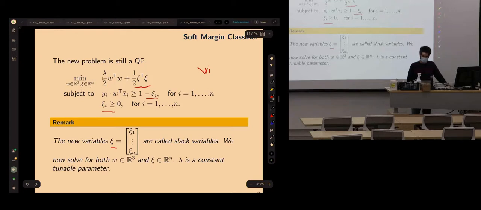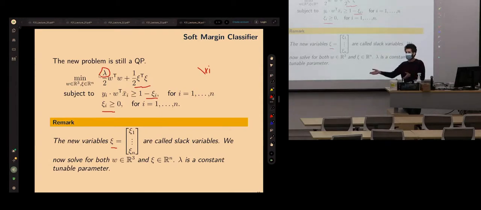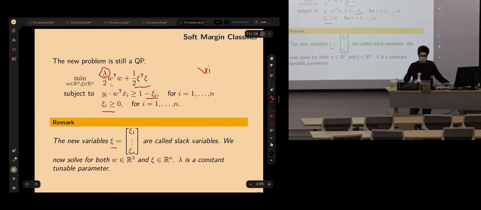And this lambda, because I have now multiple objective functions. This is an example of multi-objective optimization. W is one term. The slack variable now is a new variable that I need to search for. Each of them has an objective function. I need to optimize both of them at the same time. So it's going to be a trade-off, and the solver will figure it out.